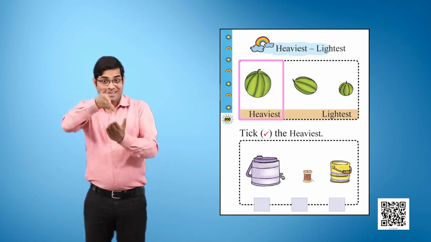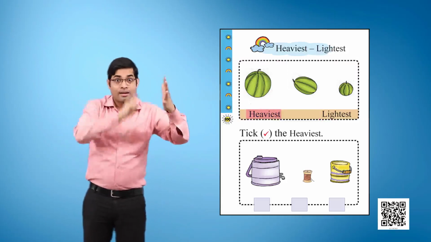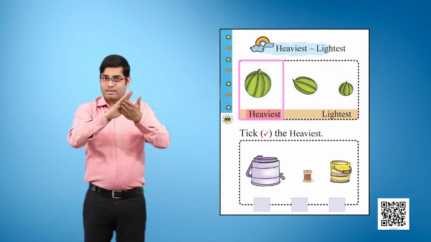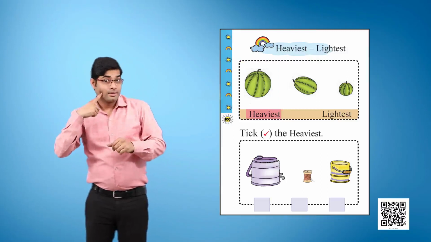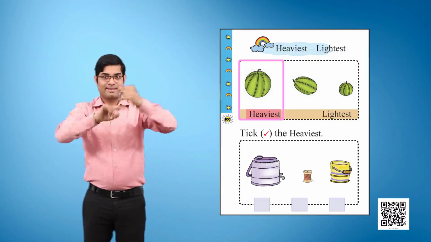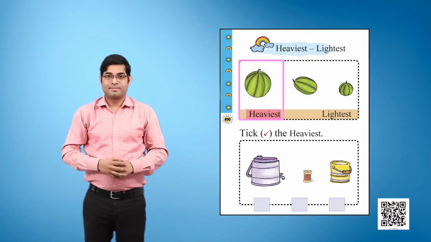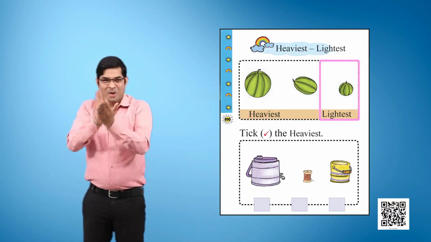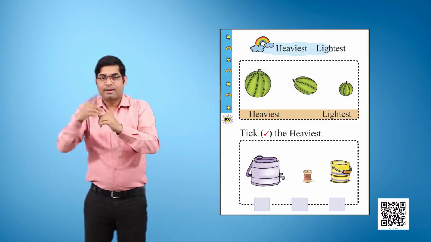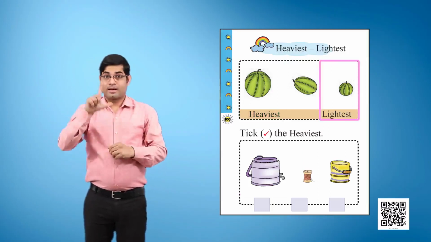The word heaviest is written beneath watermelon 1, and the word lightest is written beneath watermelon 3.